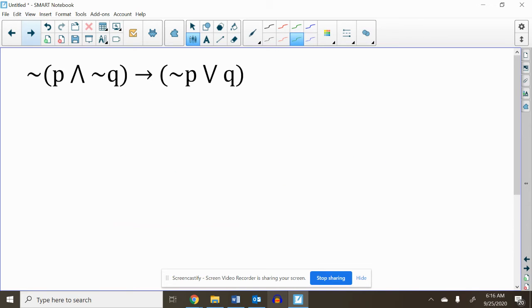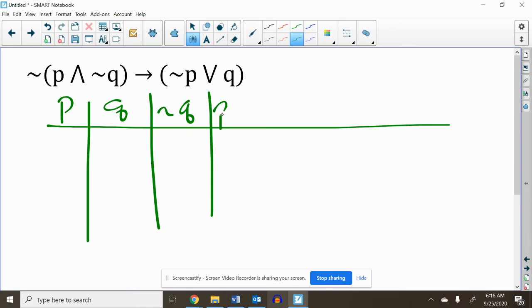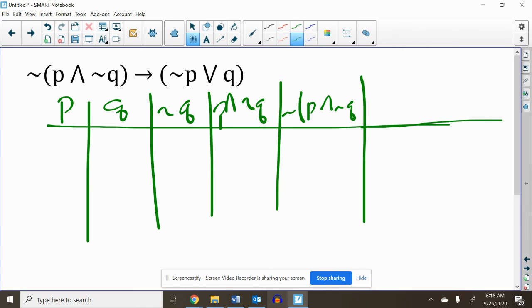All right. The next example we're looking at is this complicated one that says that the negation of that and statement implies that or statement. Okay. So I need a P, a Q, a not Q, a P and not Q, a not P and not Q. Whew, I hope I have enough room.